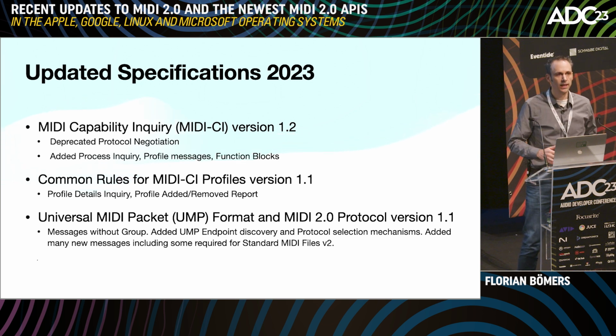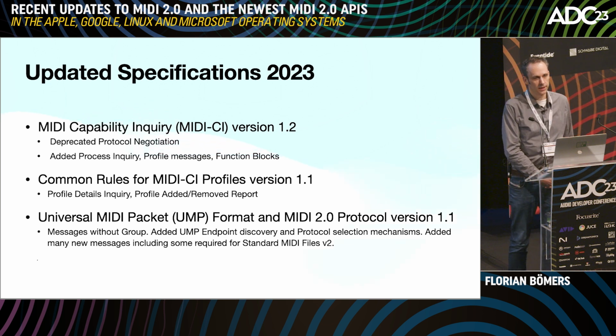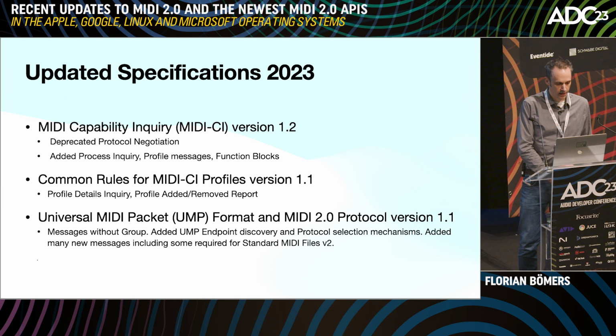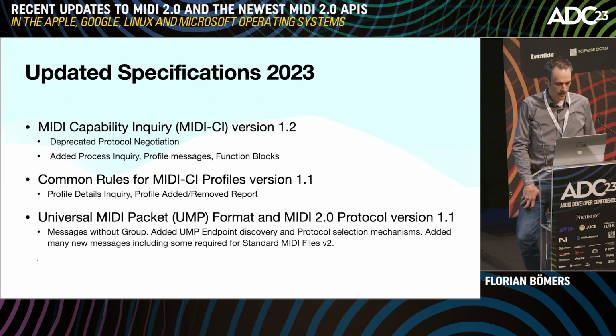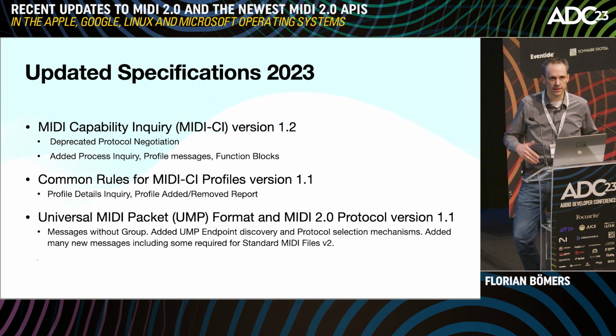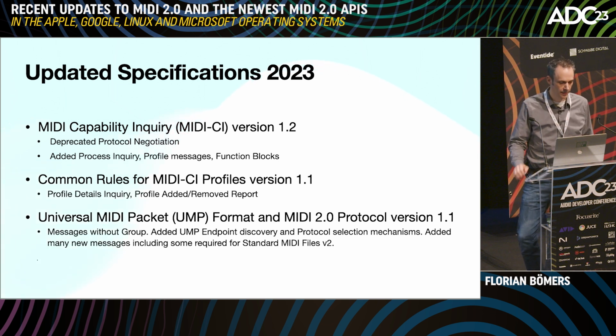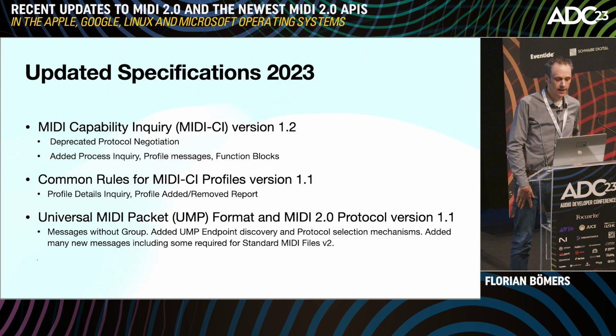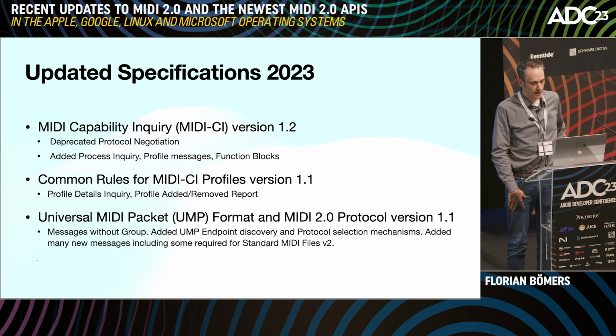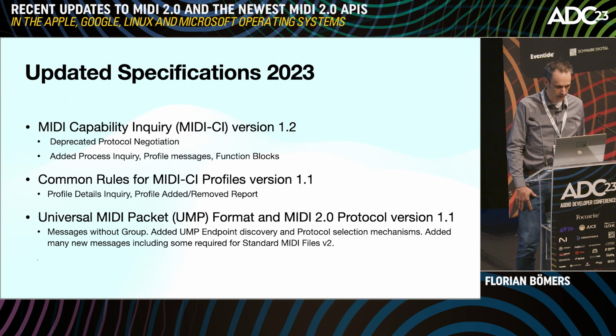And the UMP specification was also updated. That was actually more of a major update. For example, there are now groupless messages that apply to the entire device. You could think, for example, timing messages are better suited for the entire device and not on a specific group. And we've also added UMP endpoint discovery and protocol selection, because that was moved from MIDI CI to UMP.